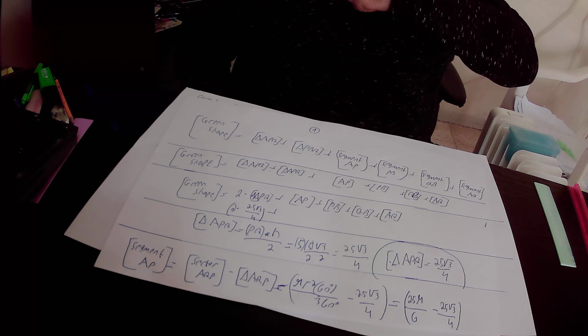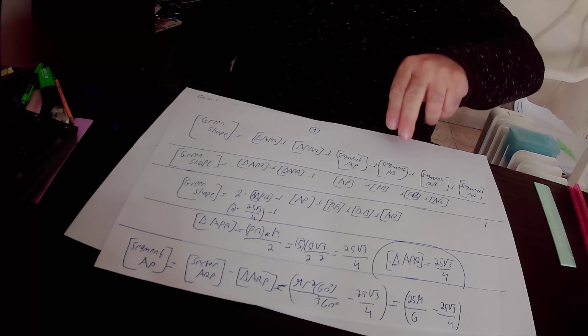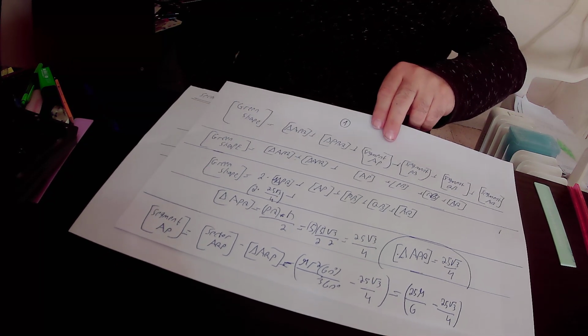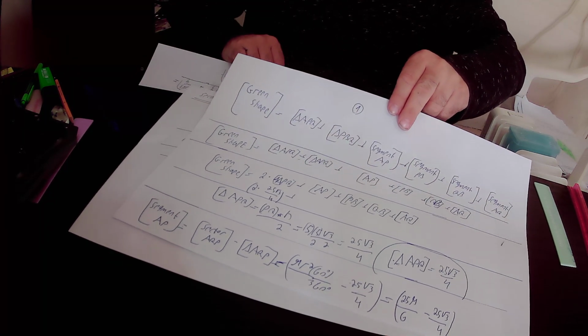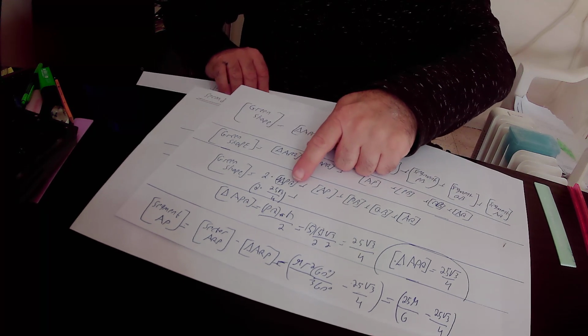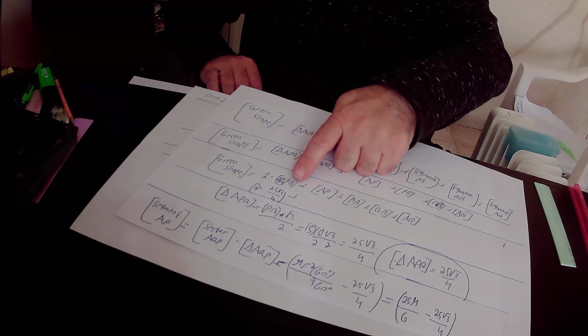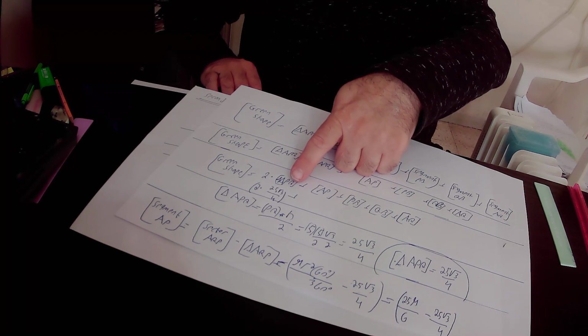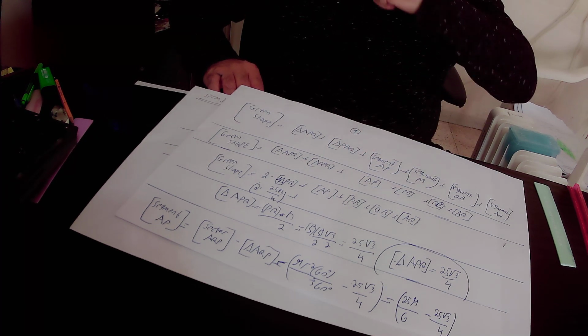And the area of triangle APQ is equal to, we have already found out that the area of triangle APQ equals 25 times square root of 3 over 4.